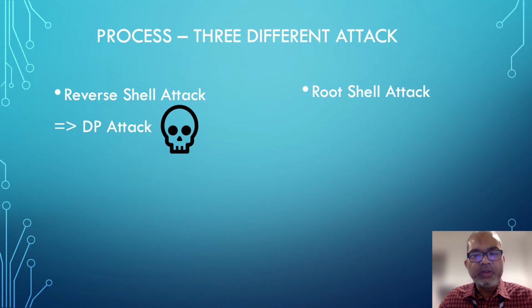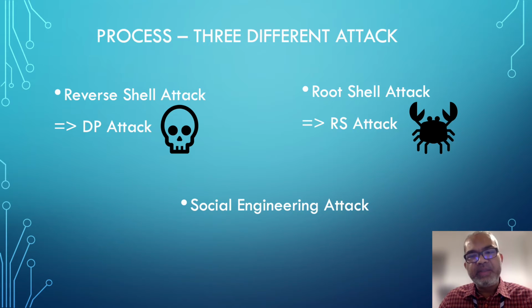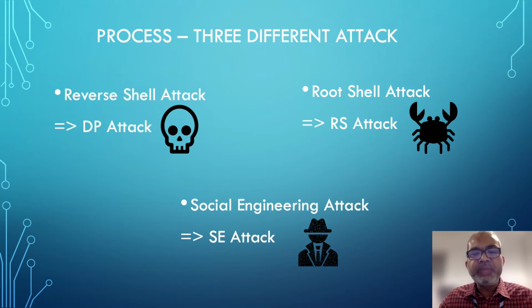The next attack is called the root shell attack, in short RS attack, and the logo is like a big crab. Lastly, the social engineering attack, in short I named it the AC attack, and an agent picture is the logo for the spell. I'm going to present each confrontation in detail subsequently.